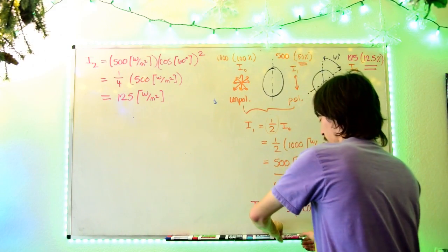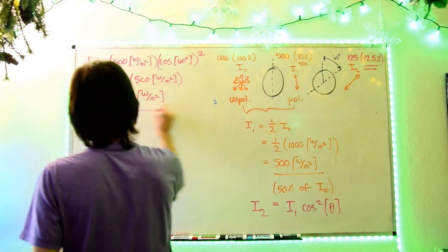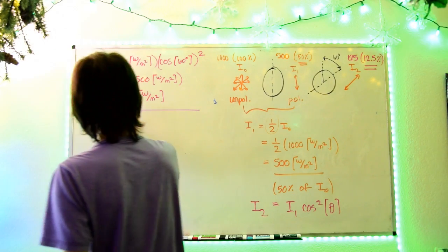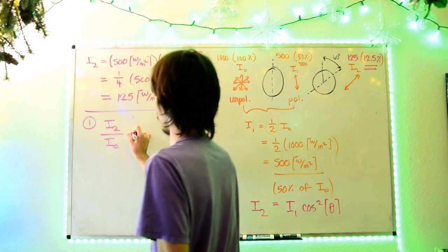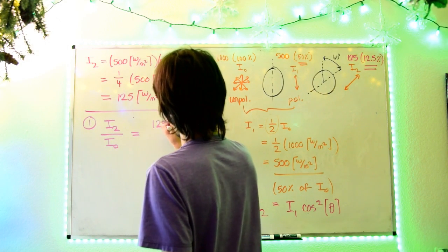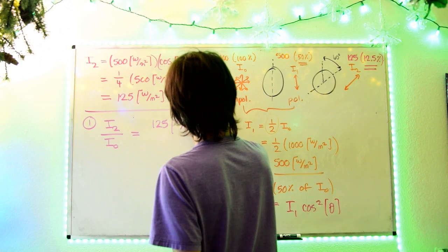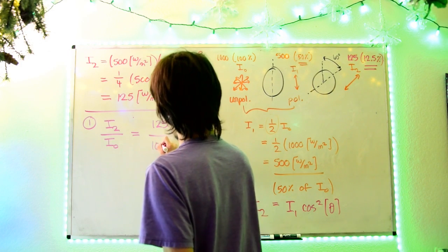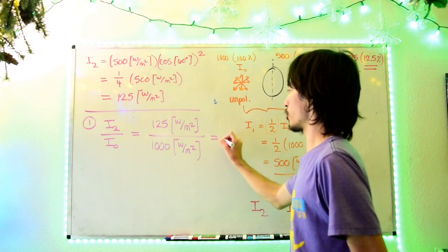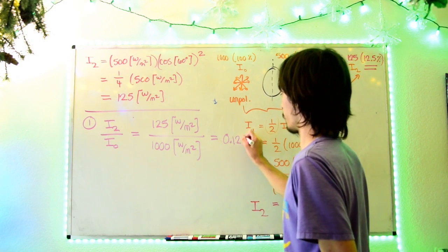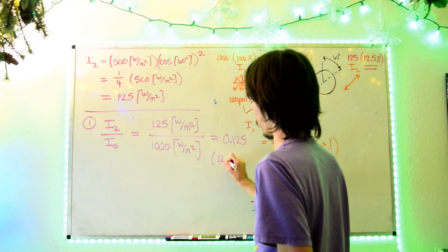So way 1, you can say that I2 divided by I0 is 125 watts per square meter divided by 1,000 watts per square meter, and then that'll get you 0.125, which is 12.5%.